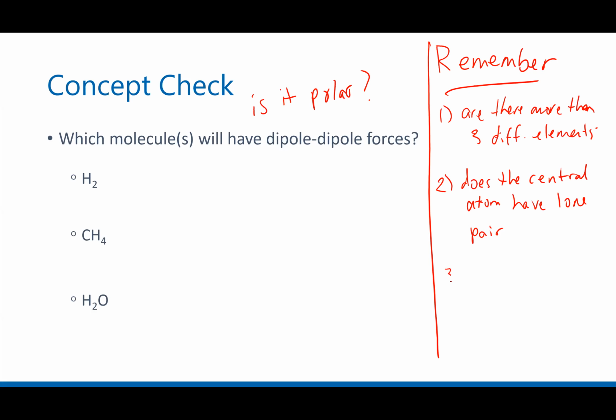Okay, and then 3, if there's no central atom, so for example, 2 atoms. No central atom would be like literally 2 atoms bonded together. Okay, so just like H2 or HF. Are they different?